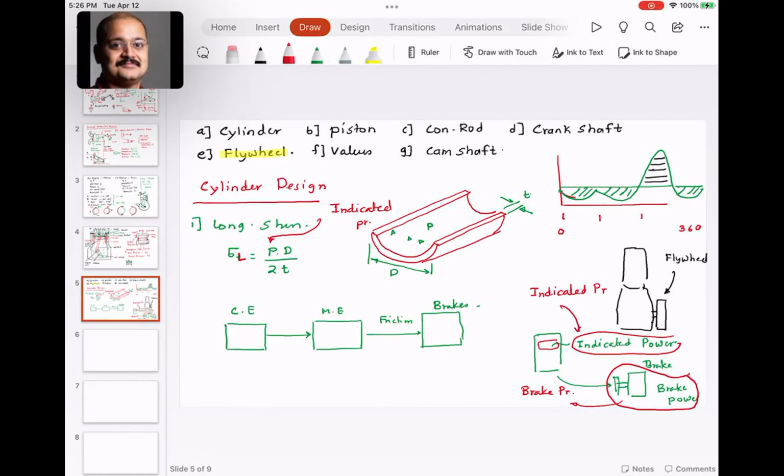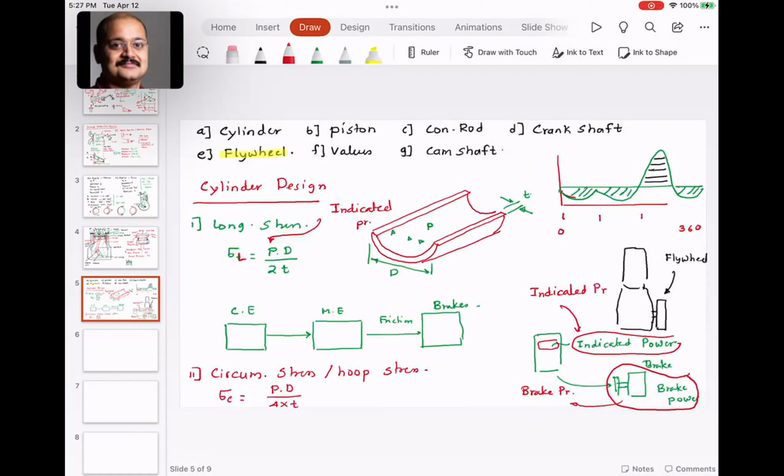This is the stress across the longitudinal axis. And there is a stress around the circumferential axis, or circumferential stress, which is called the hoop stress, which is sigma C equal to P times D divided by 4 times T.